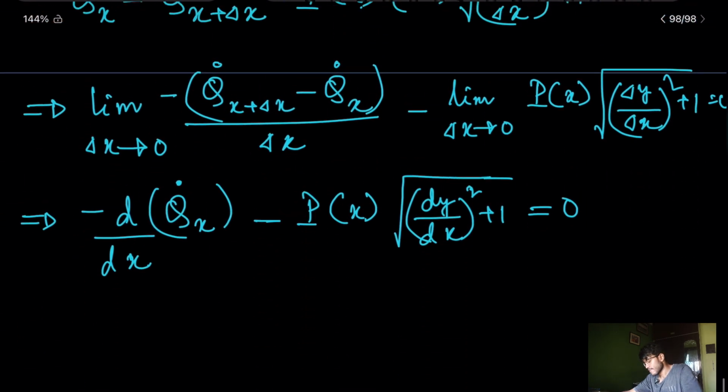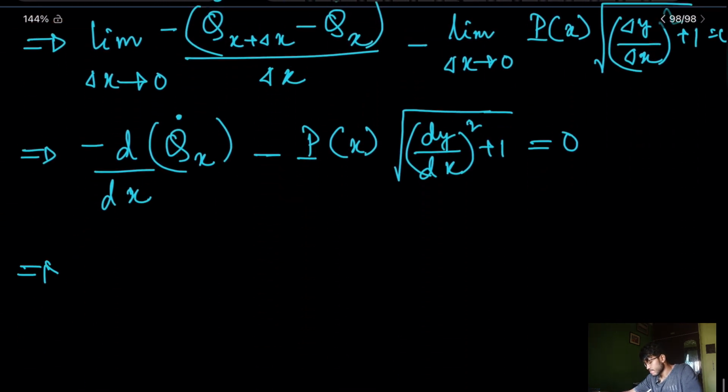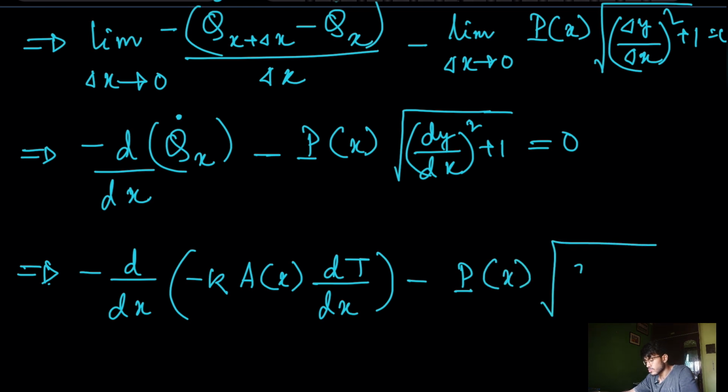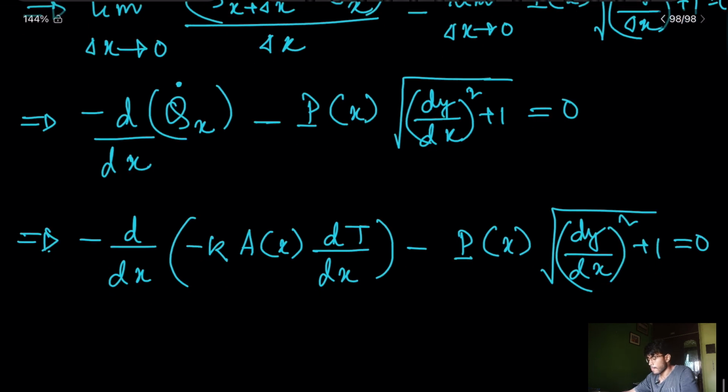Then from Fourier's law of heat conduction, this will be minus k area, that is a function of x again, into dt dx, minus p of x into this one. Clear?